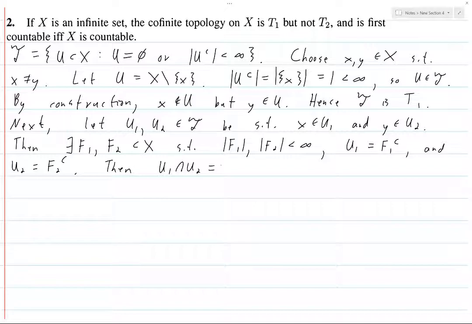Okay, so anyways, this intersection, so this is X minus F1, we take the intersection with X minus F2, and, well, wait a minute. No. What am I doing? Okay, so this is F1 complement intersected with F2 complement. And so this is the complement of the union.